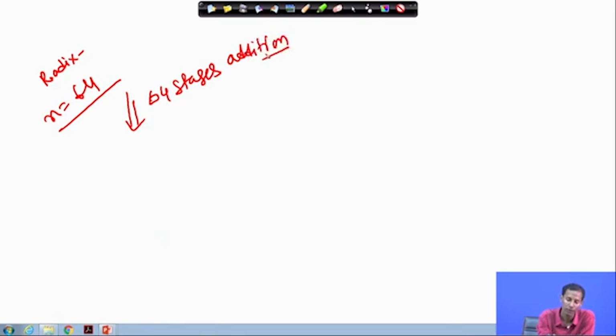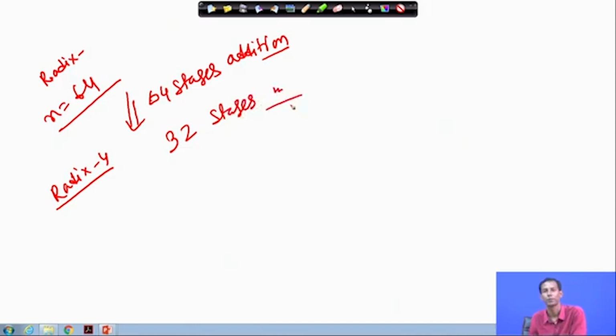If I use radix 4, I still need 32 stages of addition operation. Still it is more. So, can I increase the radix so that I can reduce these stages?